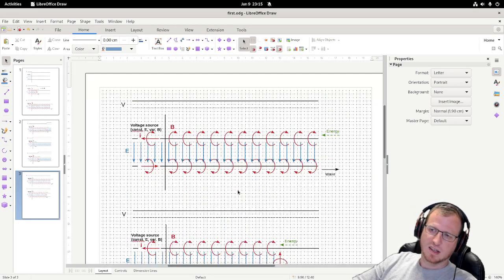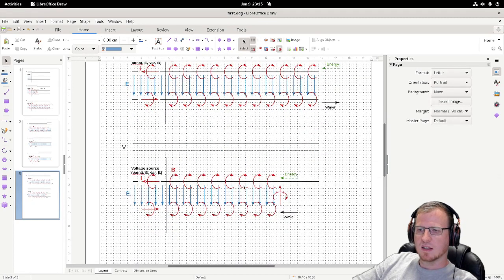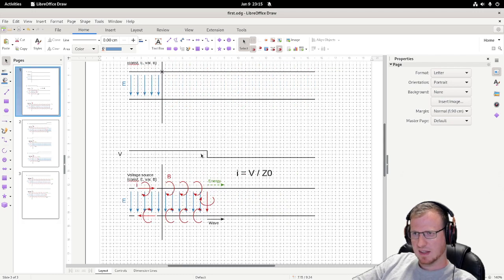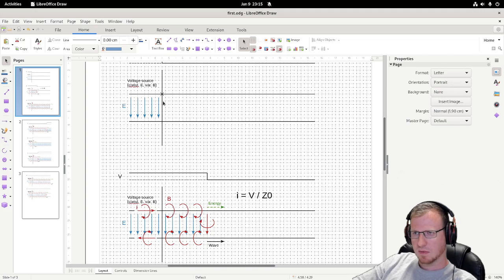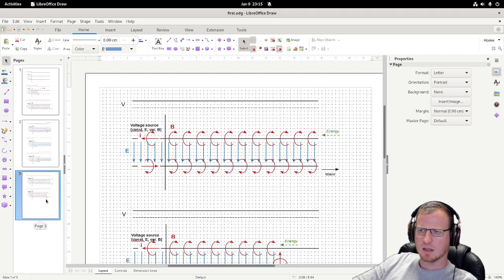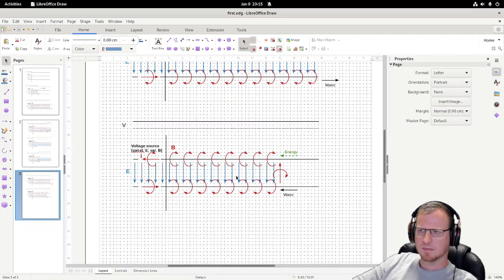And as you can imagine, this process is going until this wave reaches the end here. And then we are at this point where, one moment.